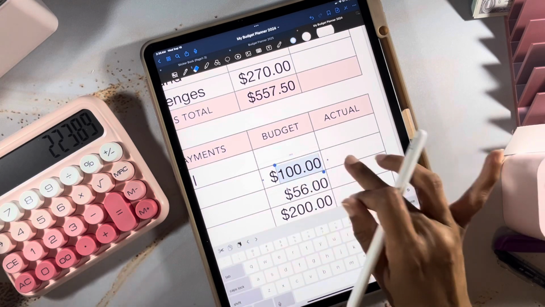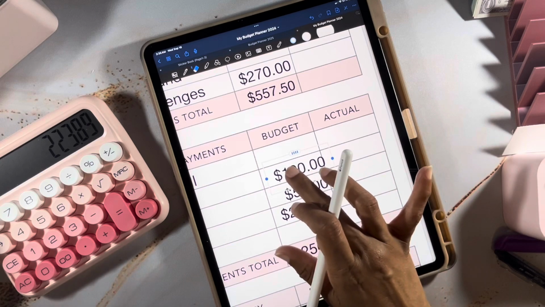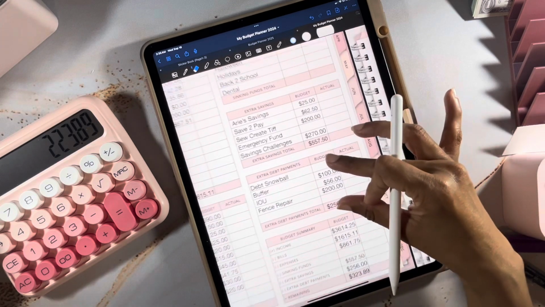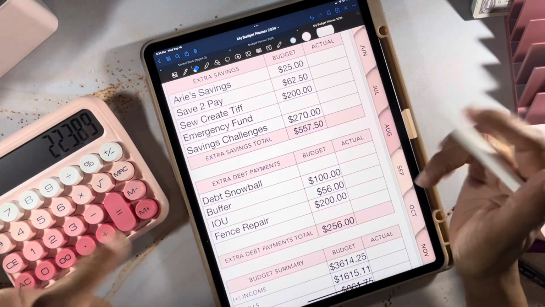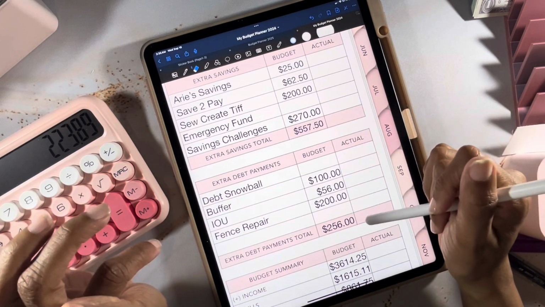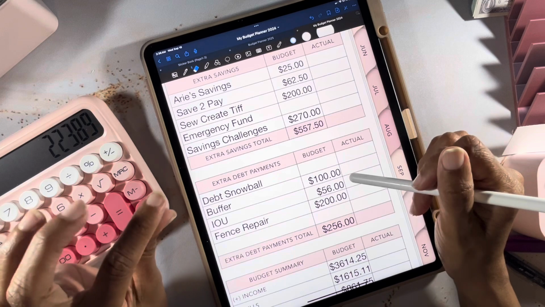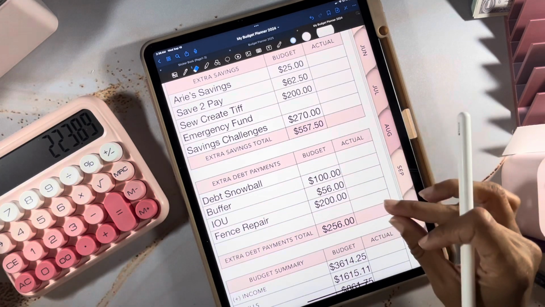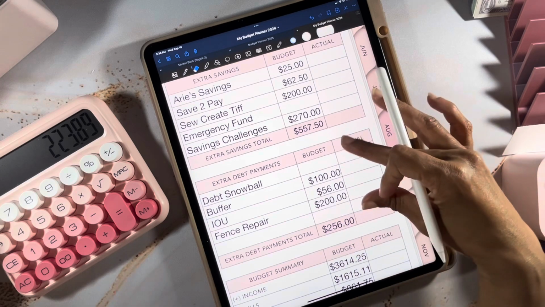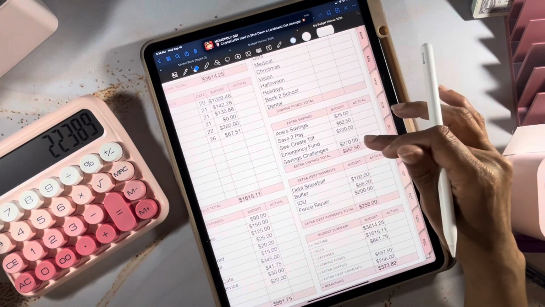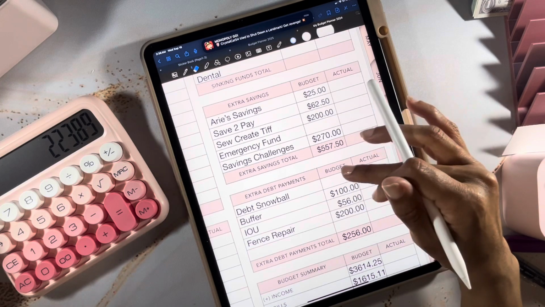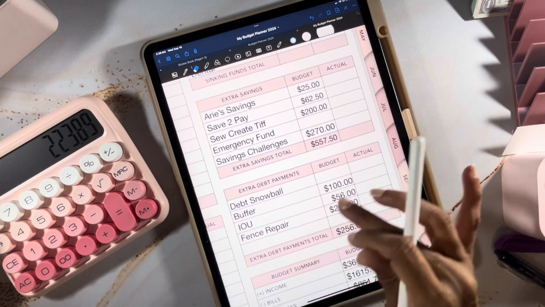Well, it was because of the extra expense of summer camp, but it may not be so much now. But anyways, I just want to leave $100 here in the buffer. And then let's see, what do I want to do? Do I want to put another $100? Let's do another $100 towards debt.